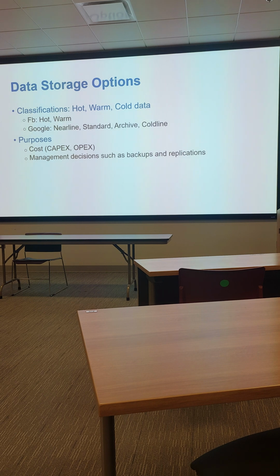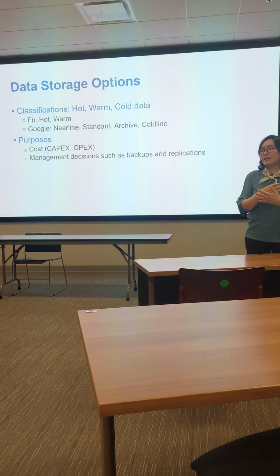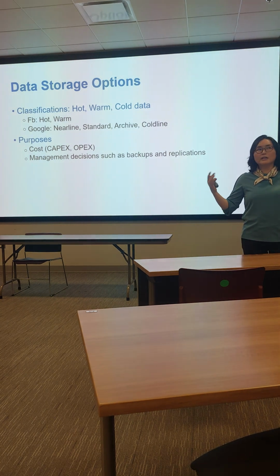So oftentimes for a company like, suppose, Facebook, they classify data into not just valuable and sensitive, but also regular data. So all the people's picture data, video data, user posts.